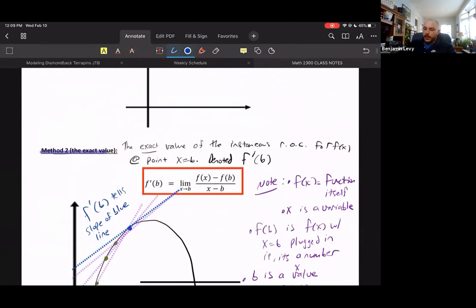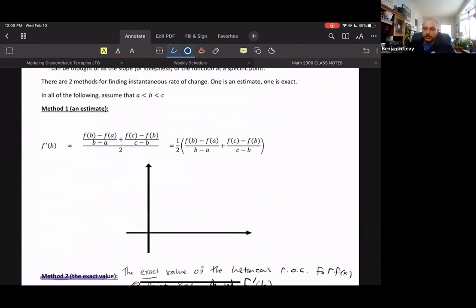So the first way we're just going to estimate this thing then, right, we're still thinking about f prime of b here, but we're actually doing two individual average rates of change, right? So the two things I boxed in there are the average rate of change from A to B, the average rate of change from B to C, and then when you divide by 2, you're averaging the average rates of change.